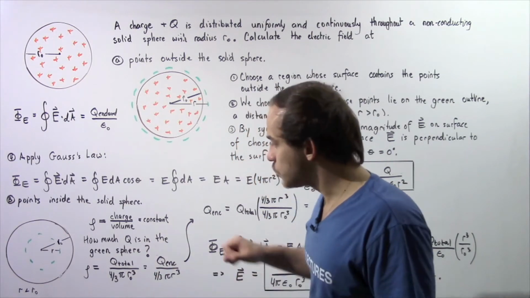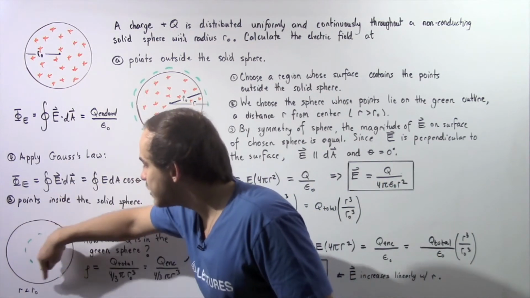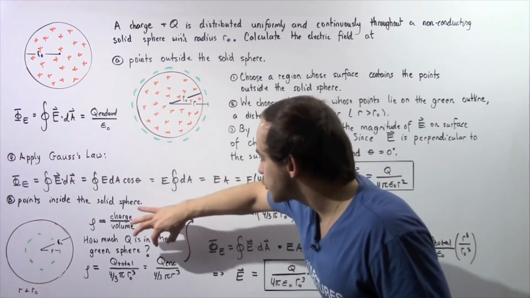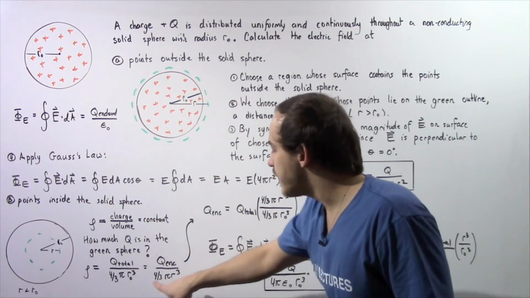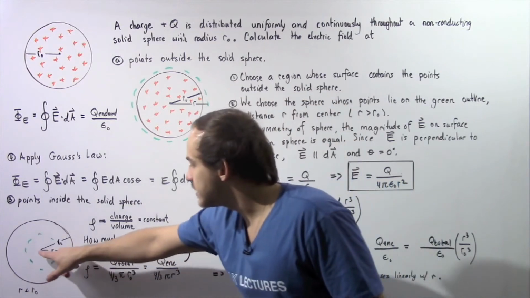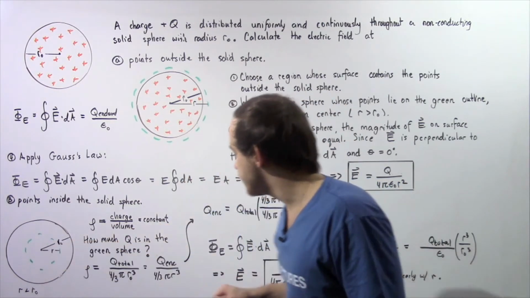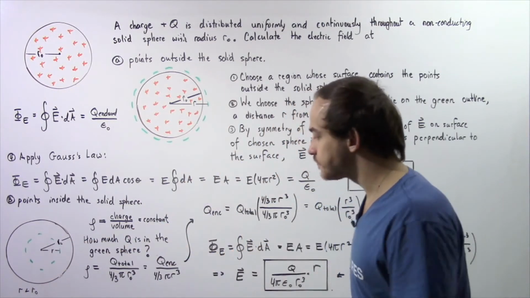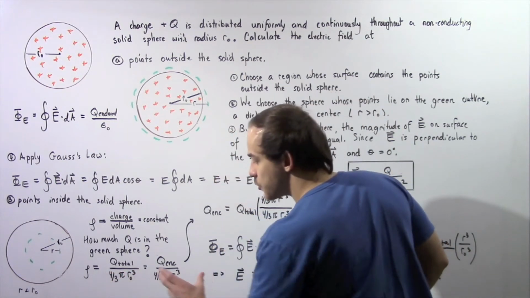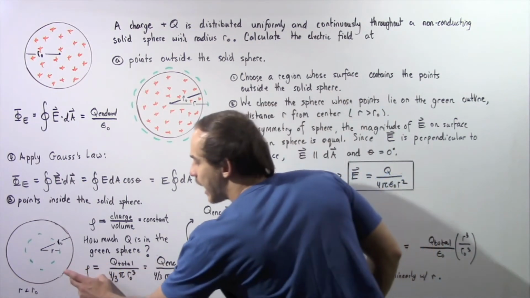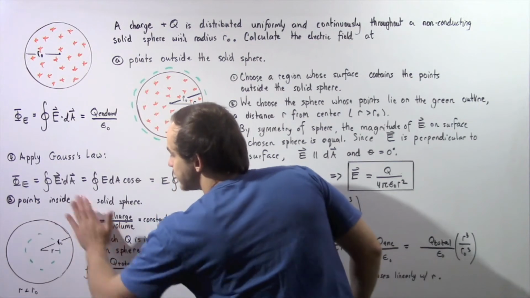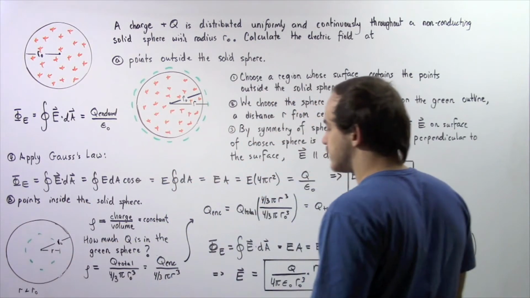And this is equal to the charge enclosed in this region, let's say that's Q enclosed, divided by 4/3 pi r, because this is the radius of the smaller sphere, to the third power. And this ratio is equal to this ratio because our density is constant.